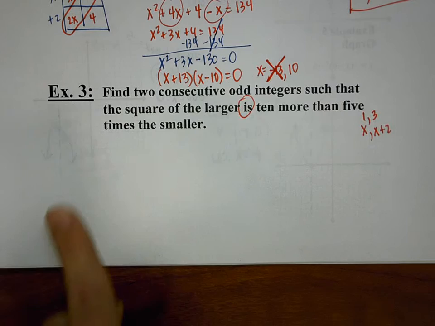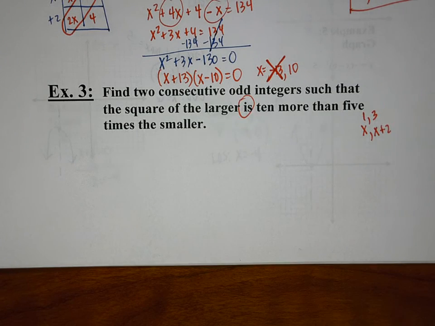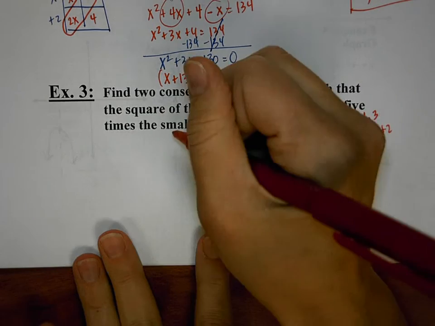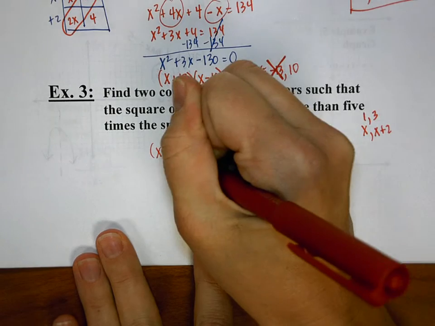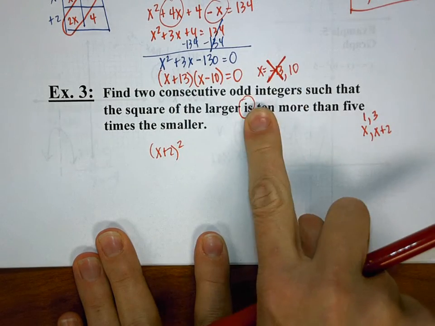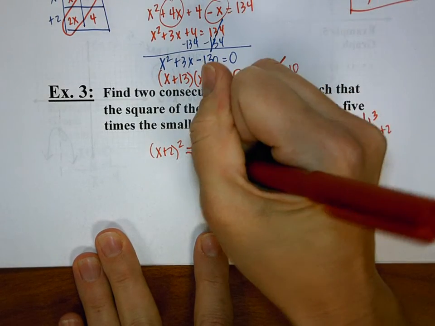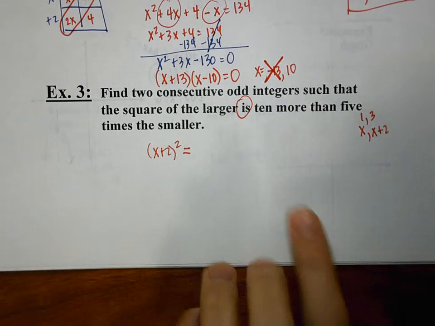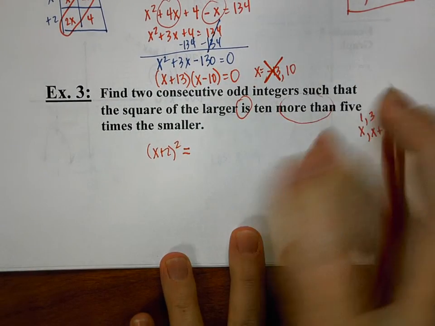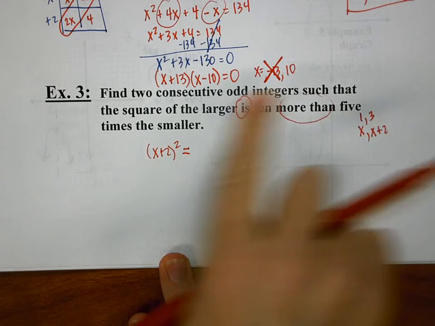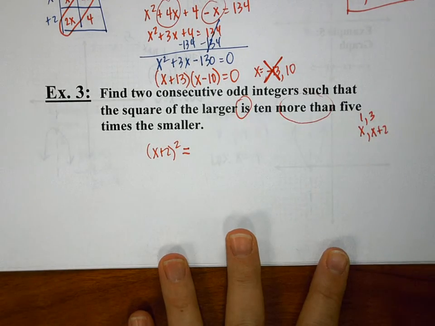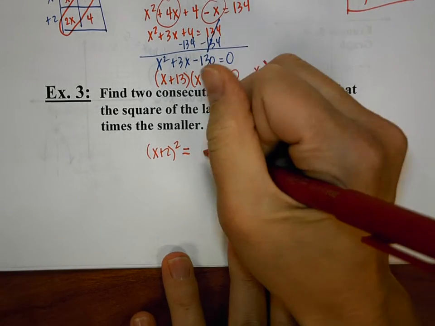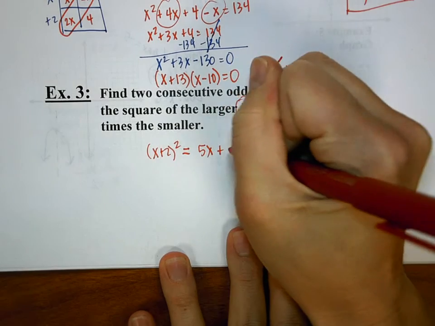Okay, so the square of the larger, which one is larger? Okay, so we're going to write that as x plus 2 squared. Is means equals, and then it says 10 more than 5 times the smaller. Whenever you see more than or less than, you always start here at the end. So 5 times the smaller is going to be 5x plus 10.